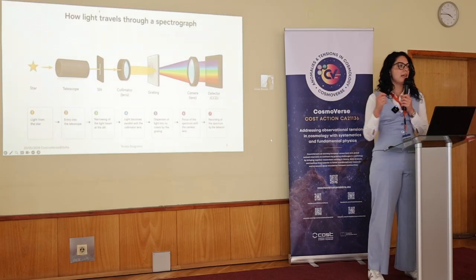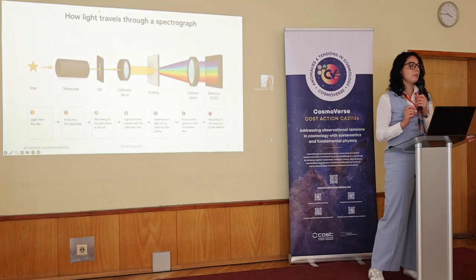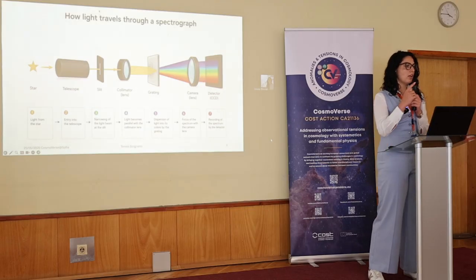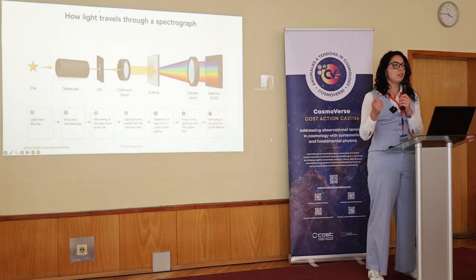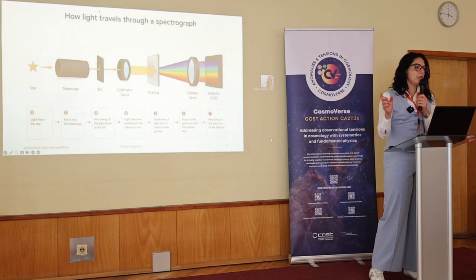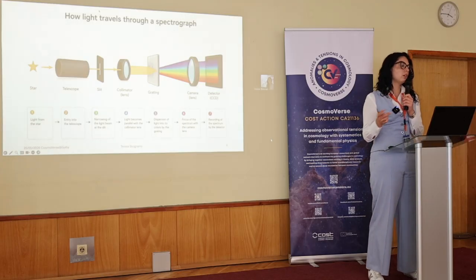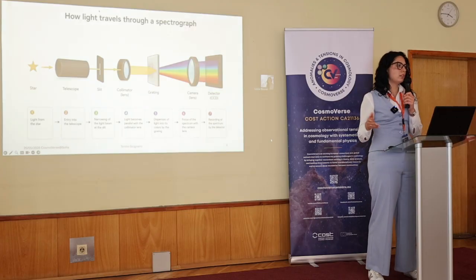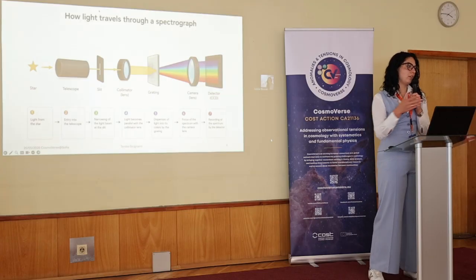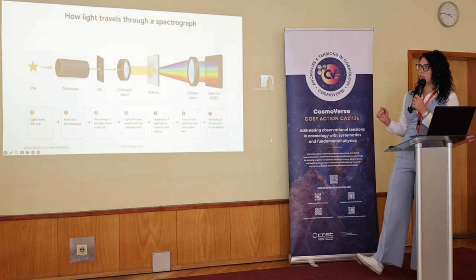Indeed, when we observe with a telescope, the spatial resolution is given by the size of the telescope, because, as you may know, with the diffraction angle, we know that the radius of the telescope is linked with theta, the angle of this diffraction. At least from the Earth, we also have the effect of the seeing of the atmosphere, but in principle it is given by the radius of the telescope.